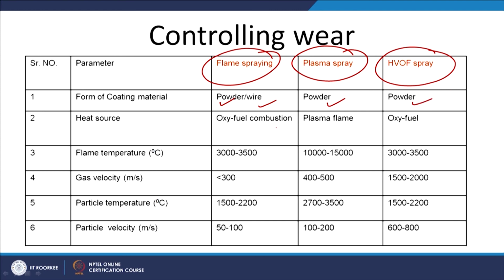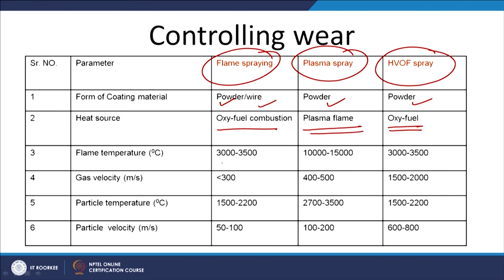The heat is generated basically by the combustion of the oxygen and the fuel, which can be like propane or acetylene, and in case of the plasma spray, heat is achieved through the plasma, and in case of the high velocity oxy-fuel spray, again it is oxygen and fuel gas mixture which is burned for generating the heat.